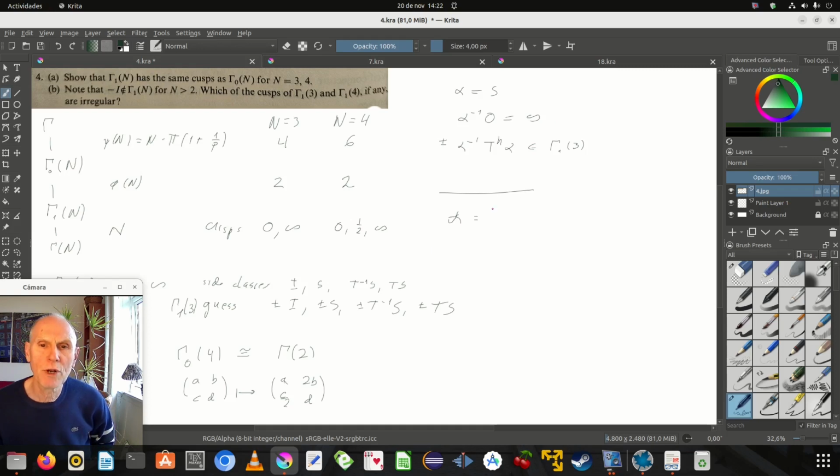Infinity mapping to 1/2. And then we must complete it, could do like that. Minus 1 plus 2, meaning alpha is, guess it's minus 1, 1, minus 1, 2, is that right?